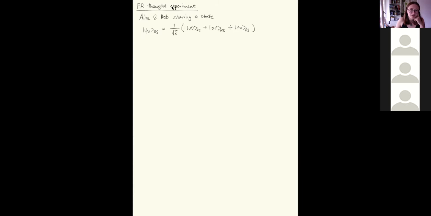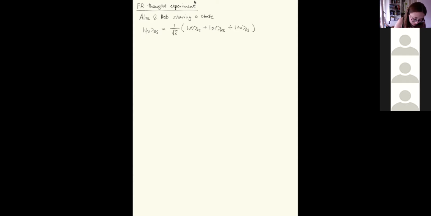If you look at the paper, the state that Alice and Bob have after their machinations looks a bit different, but it's the same as the state that we're considering here up to switching the labeling of 0 to 1 and 1 to 0 in the first and second system. So they're basically the same.